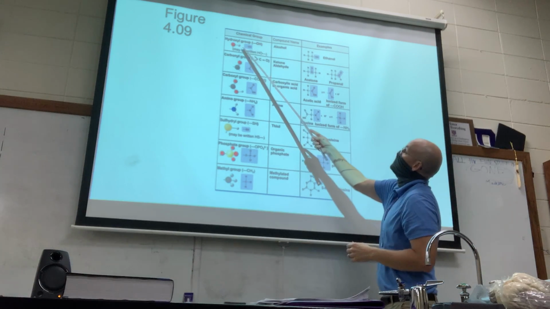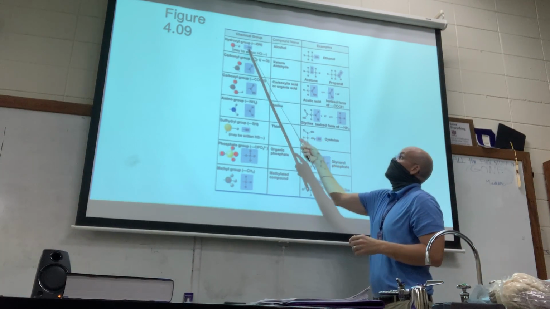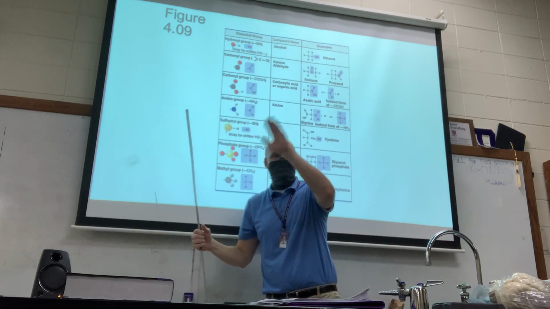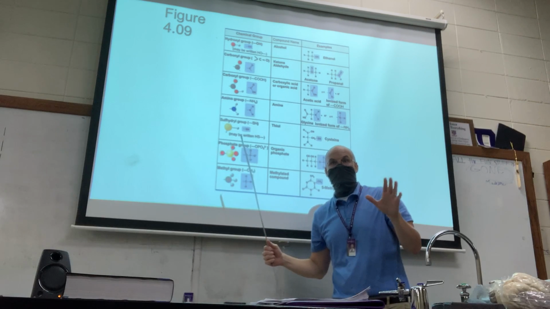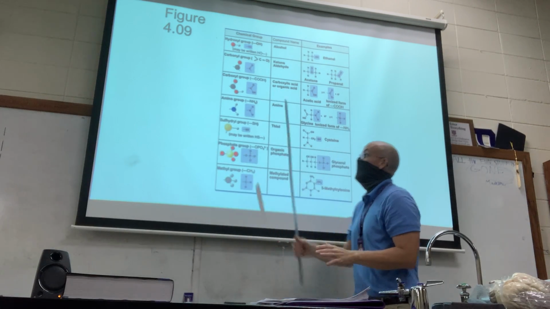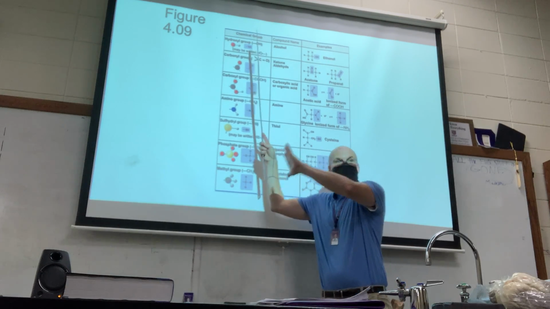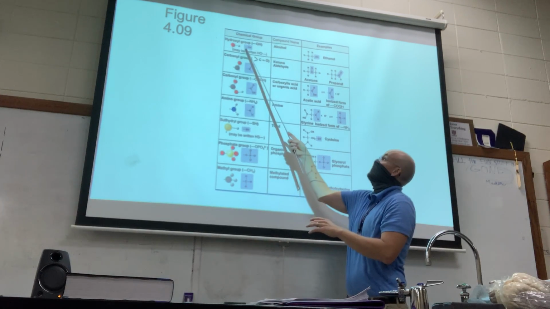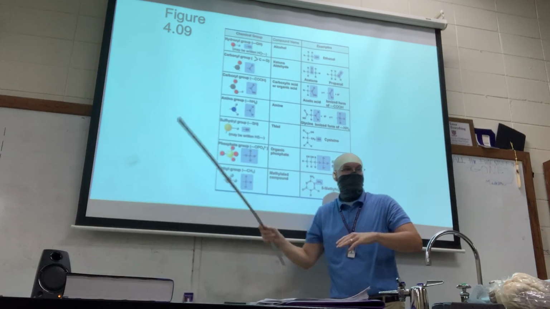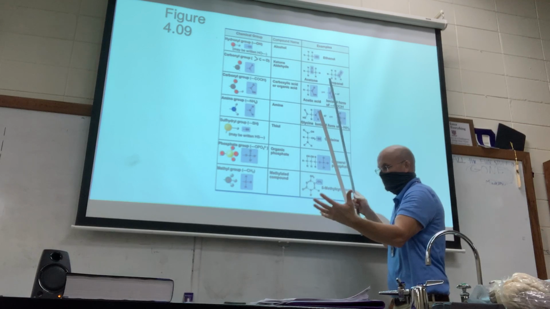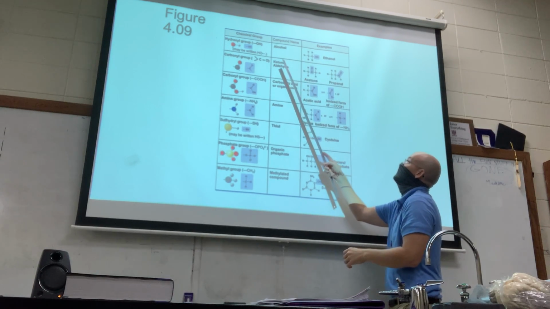For instance, this OH group. In an ionic form, what do we call OH with a negative charge as an ion? That's the hydroxide ion. But in this case, it's not in its ionic form. It is covalently bonded to some carbon atom in some larger molecule in all probability.